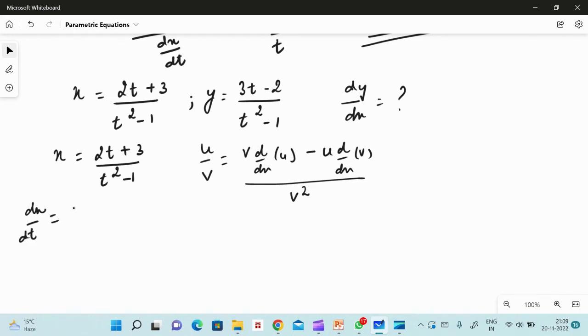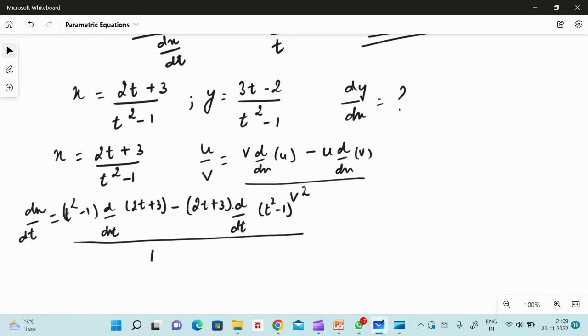dx by dt is equal to t square minus 1 into derivative of 2t plus 3 minus 2t plus 3 into derivative of t square minus 1, divided by t square minus 1 whole square.